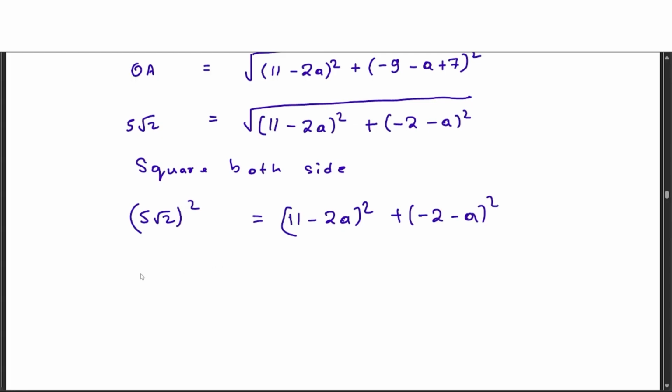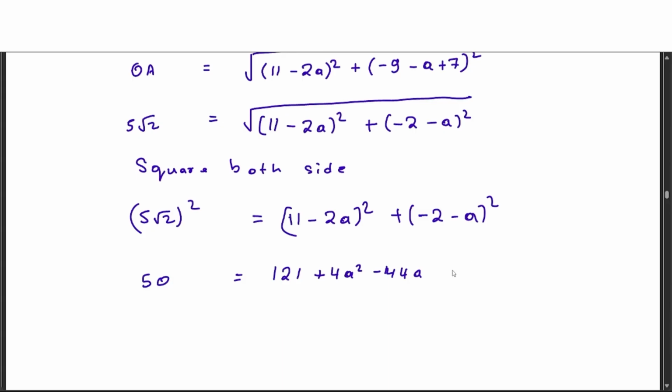Okay, now we can remove the brackets. So you will get 50, and now 11 minus 2a, this one you will get 121 plus 4a square minus 44a.